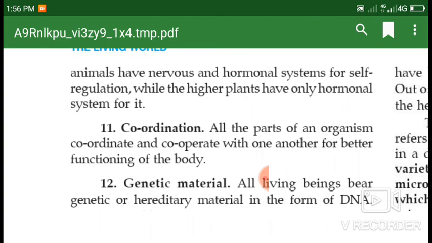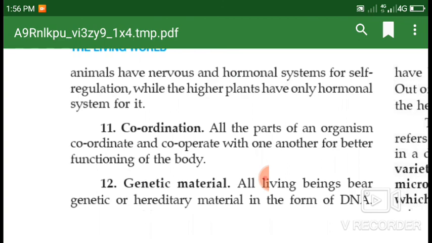We have to maintain hormonal balance, which is very important for a healthy life. The higher plants have only a hormonal system, which means they don't have a nervous system.